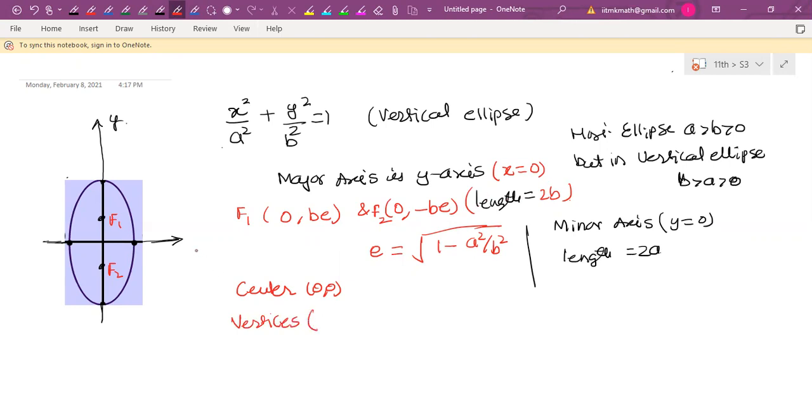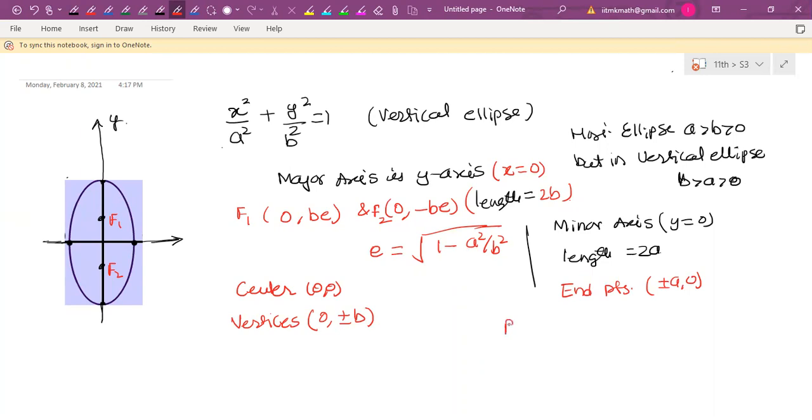Vertices are the points of intersection of the major axis and the ellipse. So they will be 0 comma plus minus b. The endpoints of the minor axis will be plus minus a comma 0.